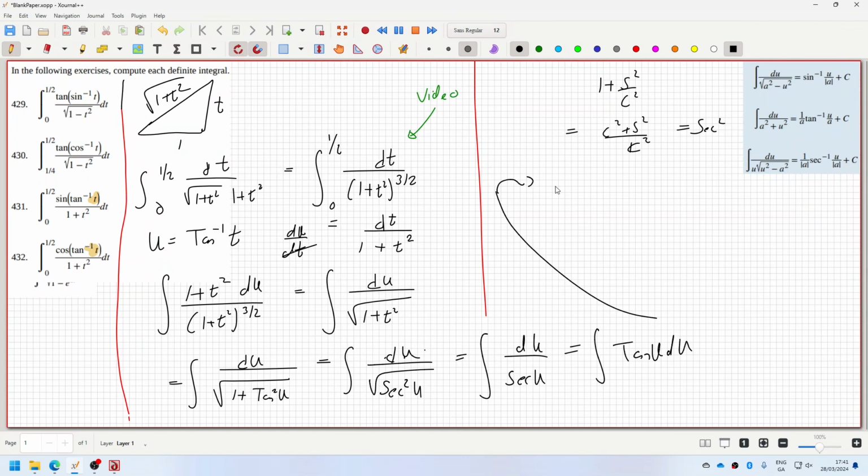Okay, and that's the integration of sine u over cos u du, and that's minus and minus, so that's minus log u, which is, with the limits, minus log tan inverse t, 0.5.